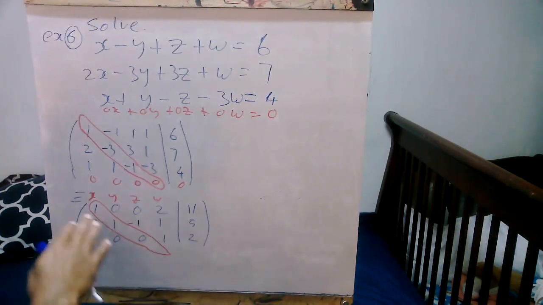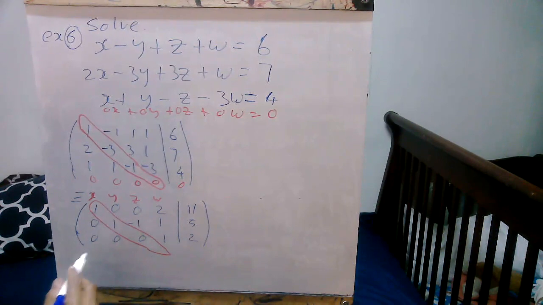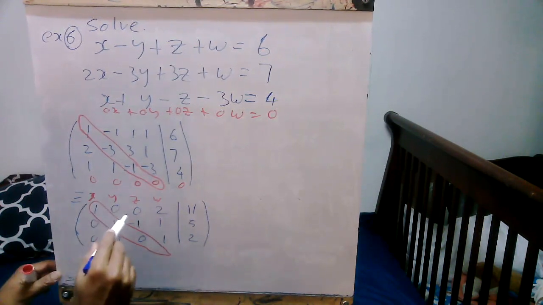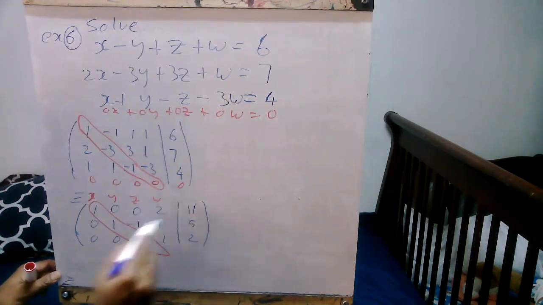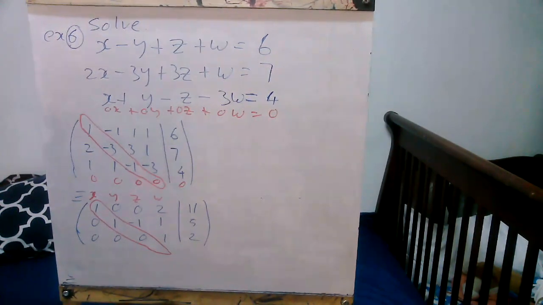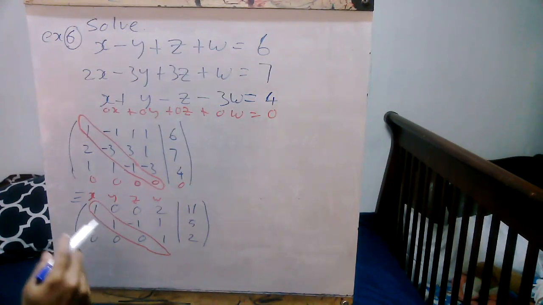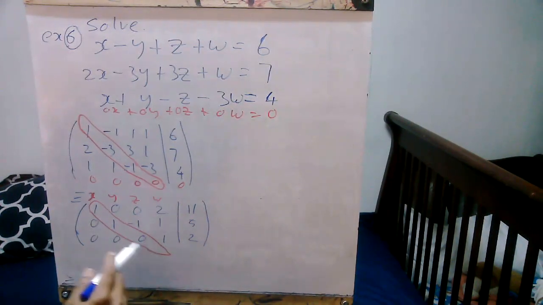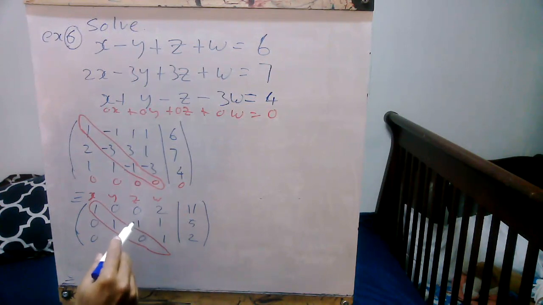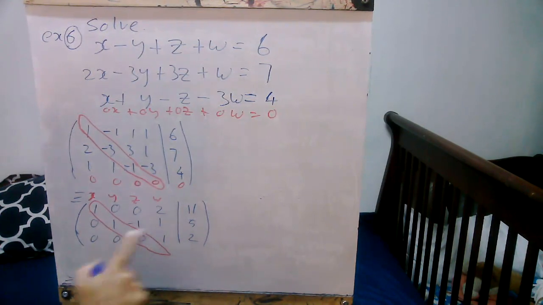You don't have to. We can straight write answers here. x plus 2w equal to 11. Now again, once you get diagonals 1, but some of the other elements not 0, you say this is a row echelon matrix. I just remind you the name.